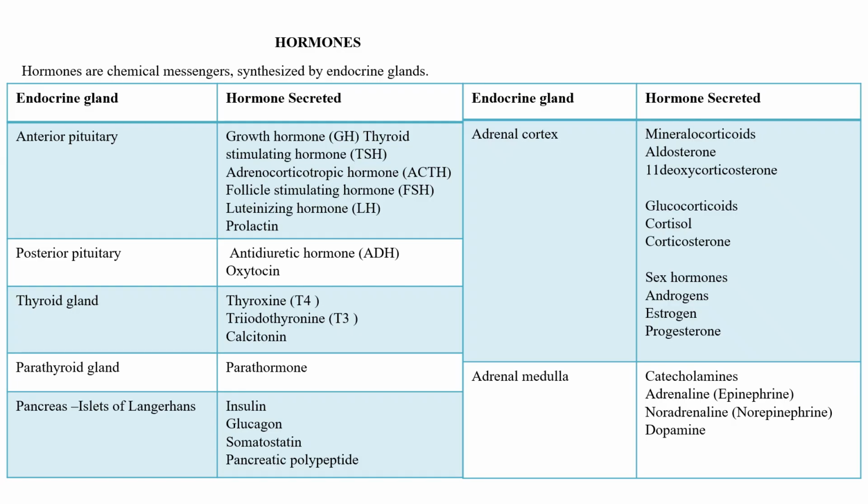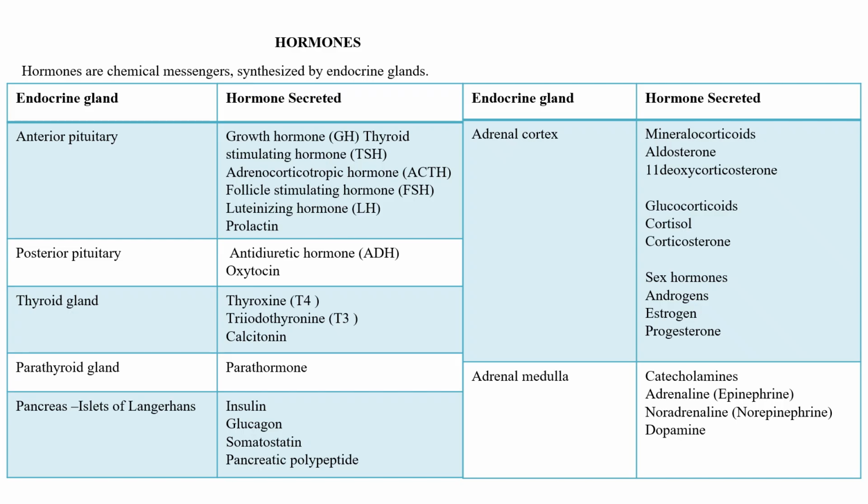Now, let us understand what hormones are. Hormones are chemical messengers synthesized by endocrine glands. Different endocrine glands produce different hormones, and each hormone has a specific function. Starting with the anterior pituitary, several important hormones are secreted.